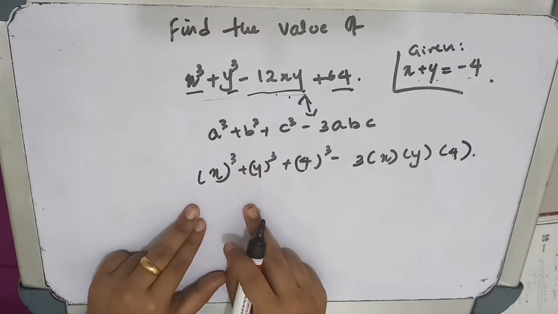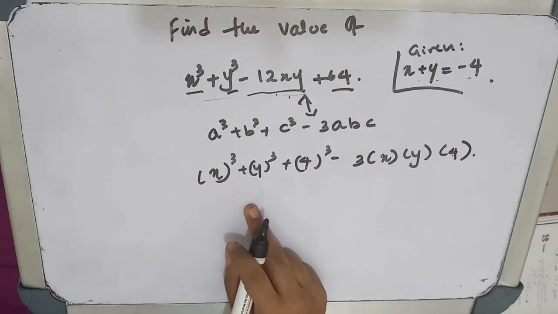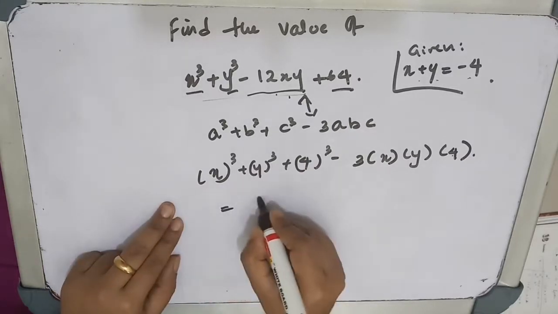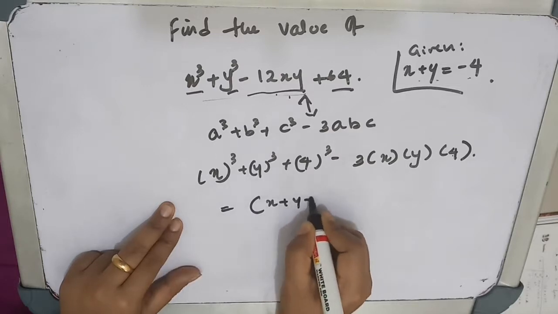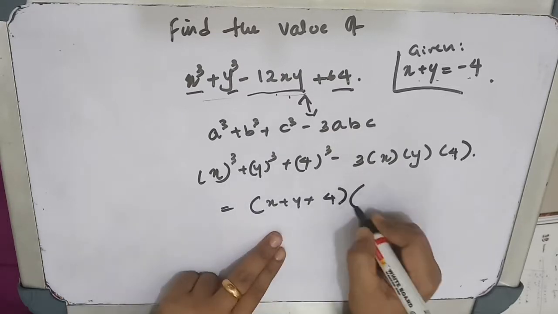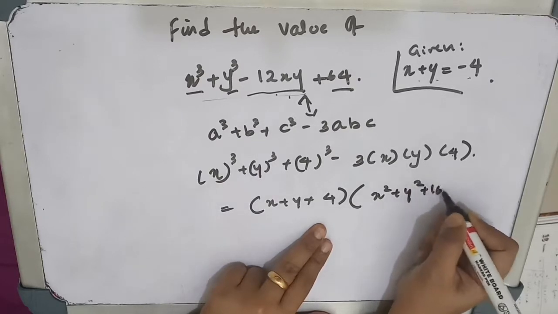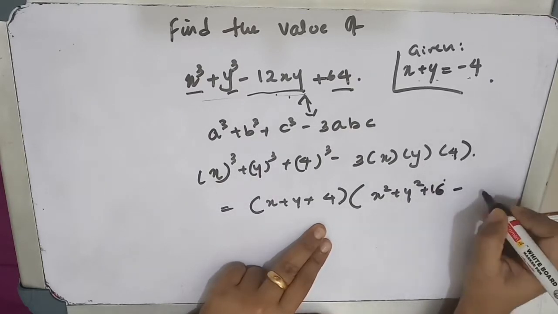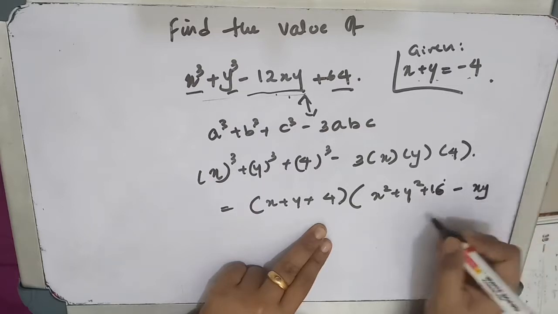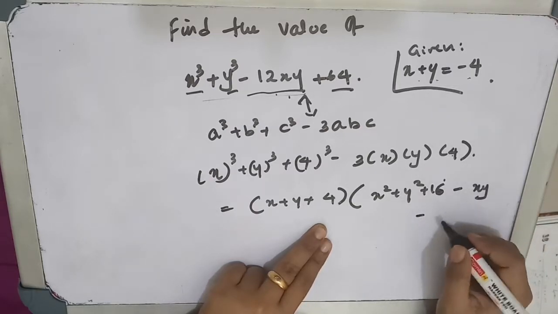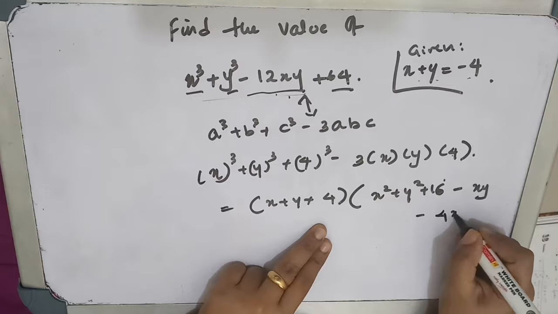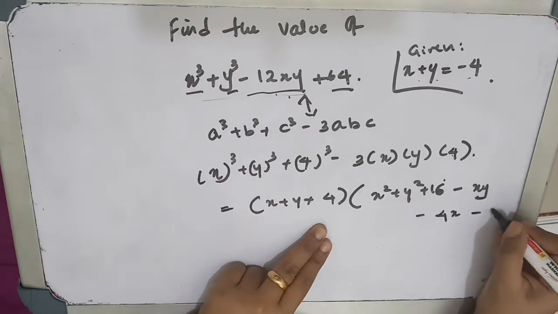So a cube plus b cube plus c cube minus 3abc can be given as a plus b plus c into a square plus b square plus c square minus ab minus bc minus ac.